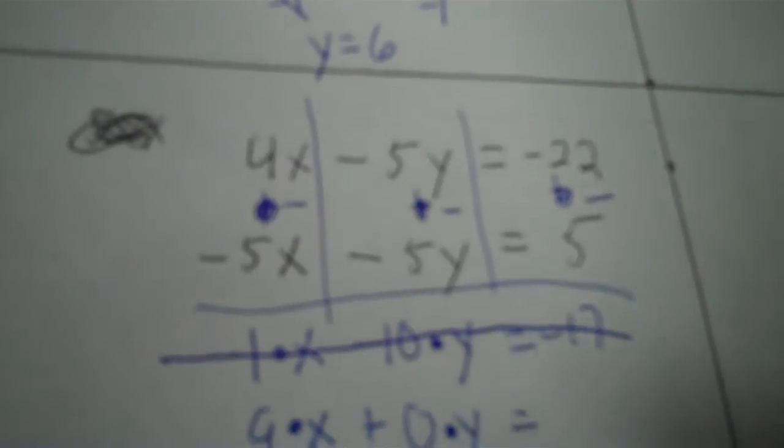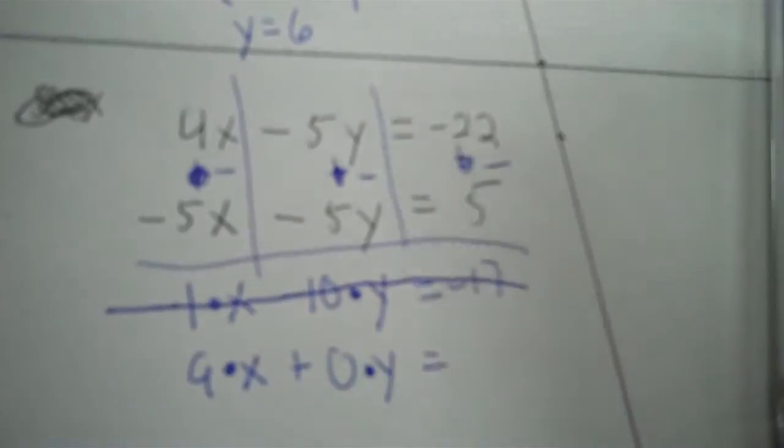Then you take your negative 22 minus your 5, which is negative 27. Be careful when you're minusing. Okay, now you can take your 0 and get rid of that letter. Okay, so we have 9 times x, so we need to take out the times 9 with a divide by 9.